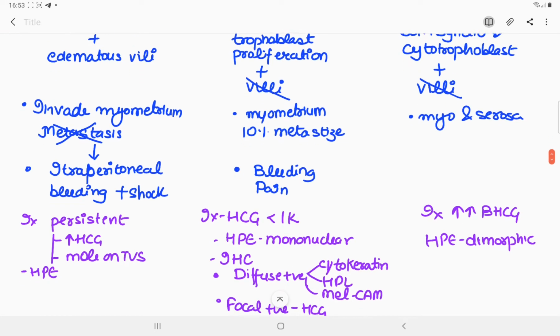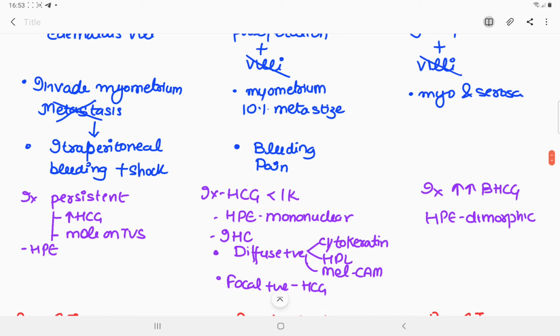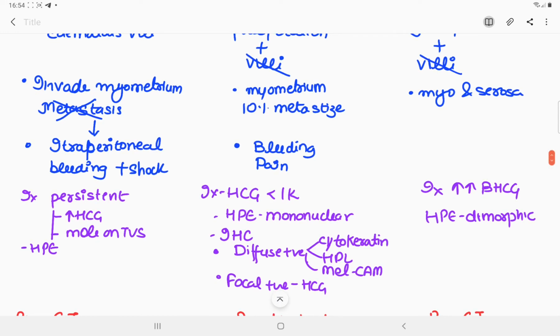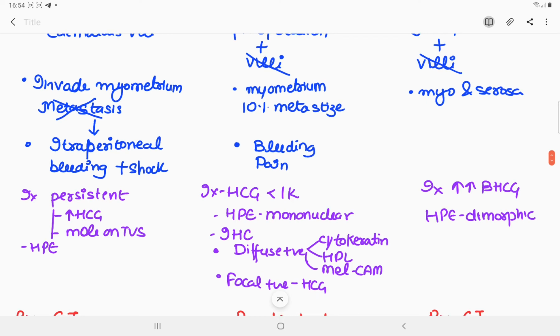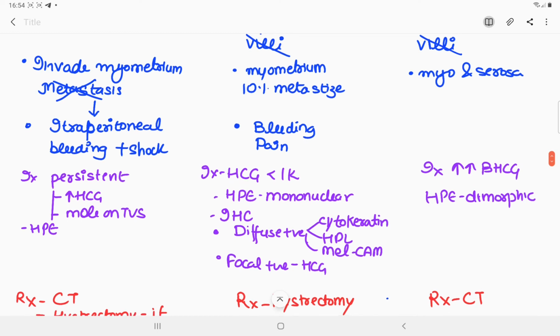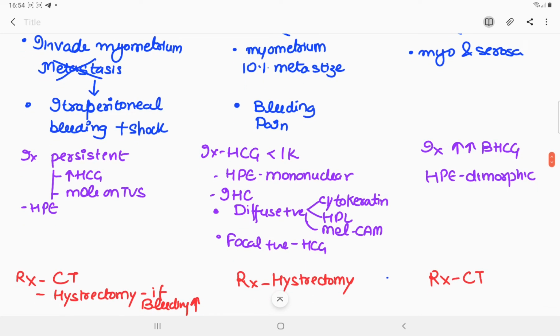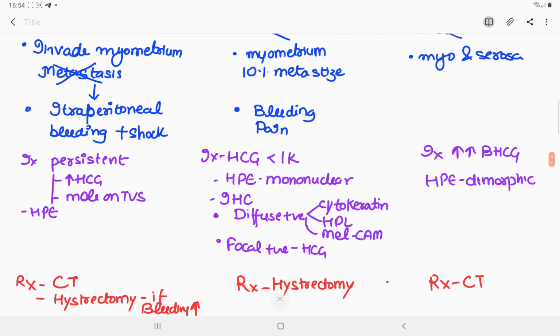On investigation, there is a mild rise in HCG level. On HPE, it contains only one type of cell. On immunohistochemistry, it is diffusely positive for cytokeratin, HPL and MELCAM, and focally positive for HCG. Treatment of choice for PSTT is hysterectomy as it is resistant to chemotherapy.